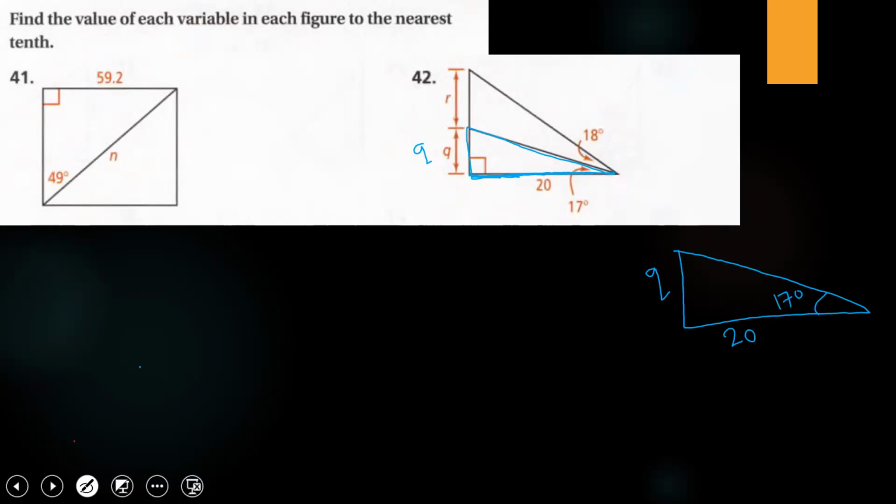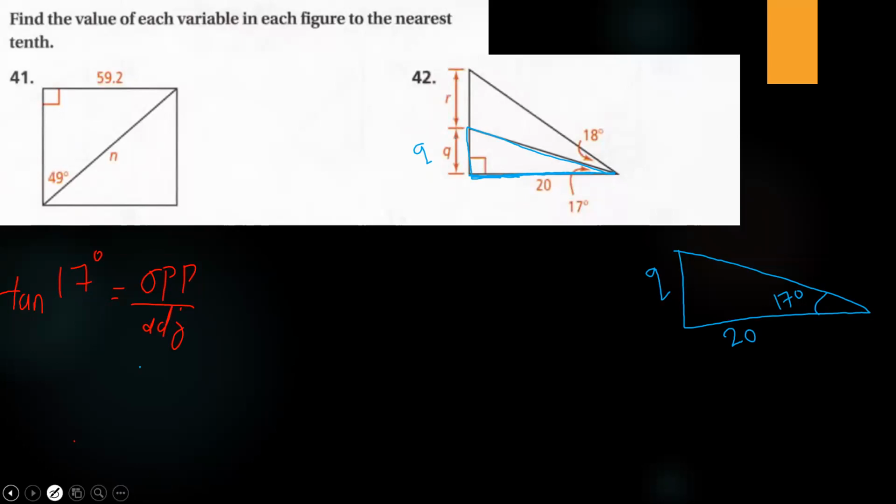So, what do we have to say? For the angle 17, I have an opposite and what? Adjacent. So I will use tan. Bravo. What is the tan of 17?